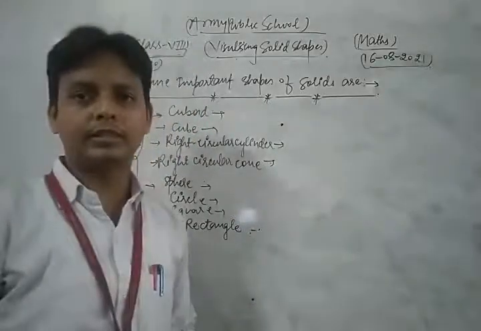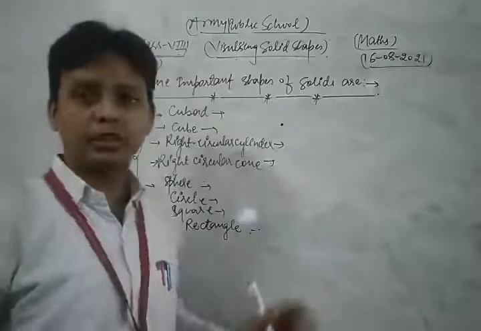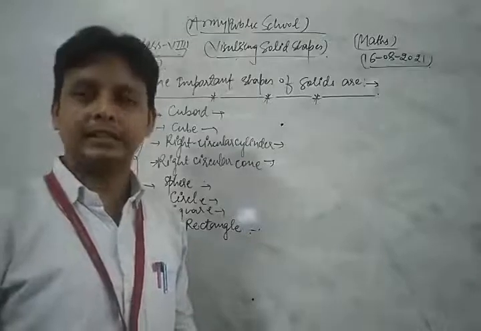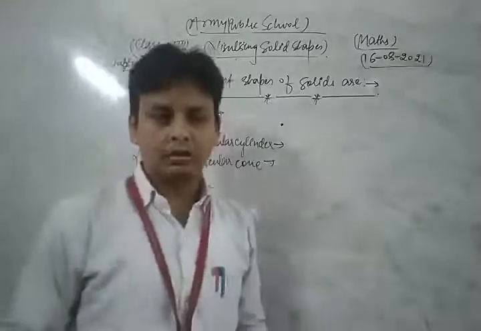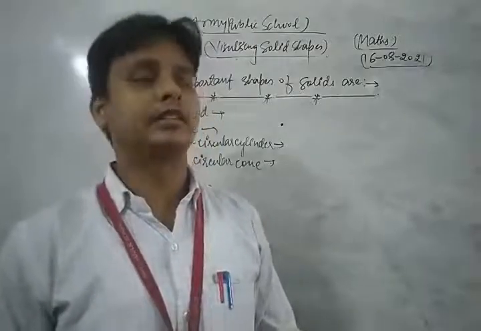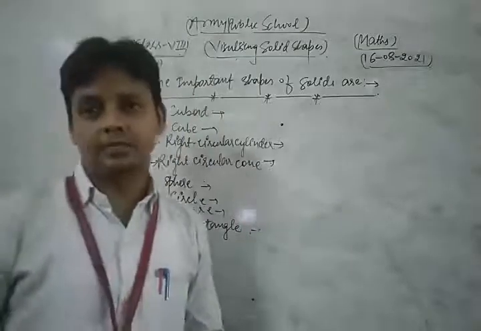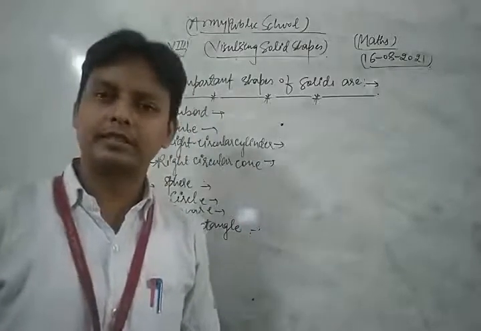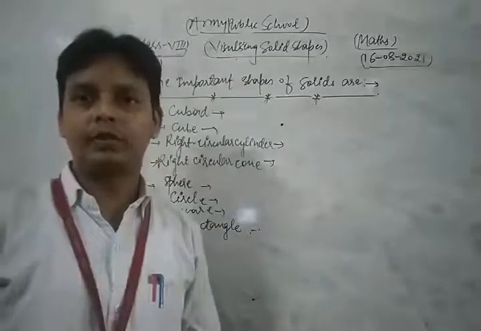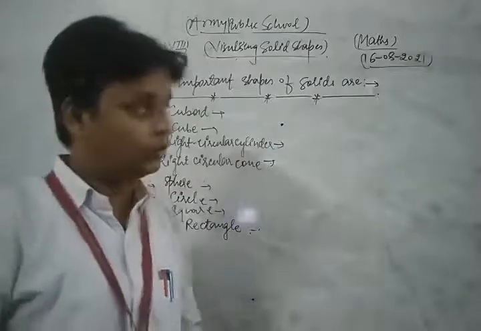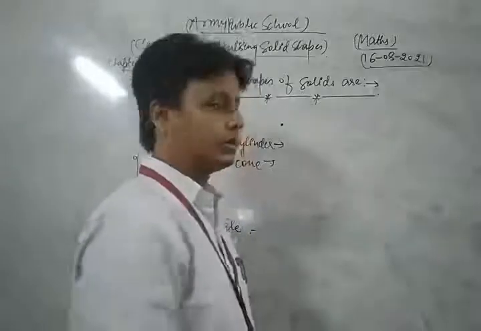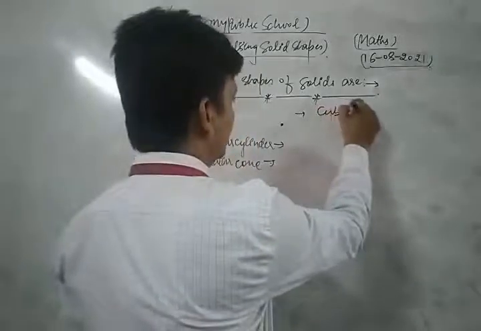Dear students, in today's class we discuss all the important shapes of solids one by one and complete this chapter, and also the Euler formula, which gives the relationship between faces, vertices and edges of the shapes of solids. So first of all we are going to discuss the cuboid.